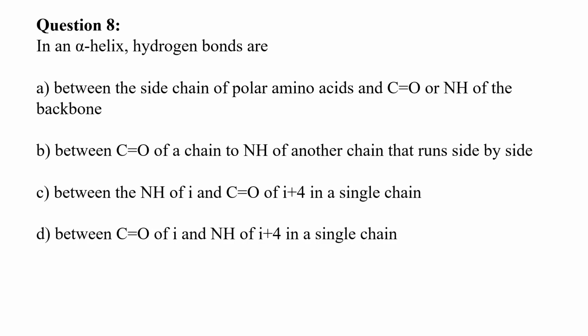Question number 8. In an alpha helix, hydrogen bonds are: option A, between the side chains of polar amino acids and the CO or NH of the backbone; B, between the C=O of a chain and the NH of another chain that runs side by side; C, between the NH of i and C=O of i+4 in a single chain; and D, between the C=O of i and the NH of i+4 in a single chain.